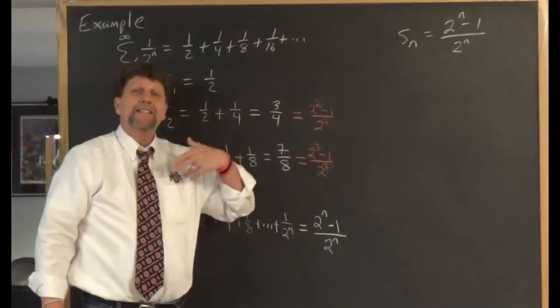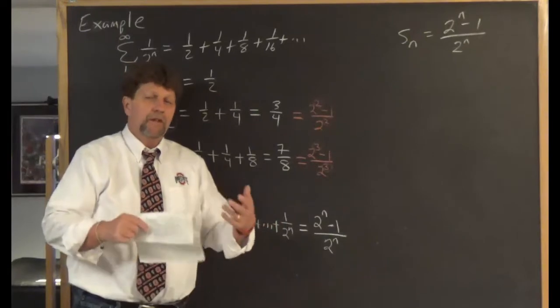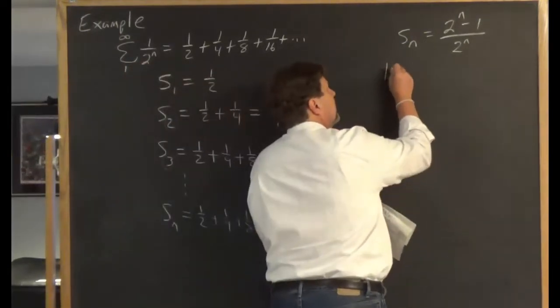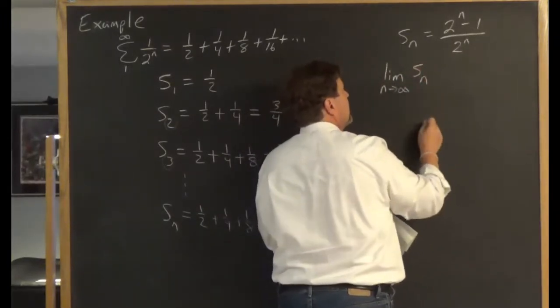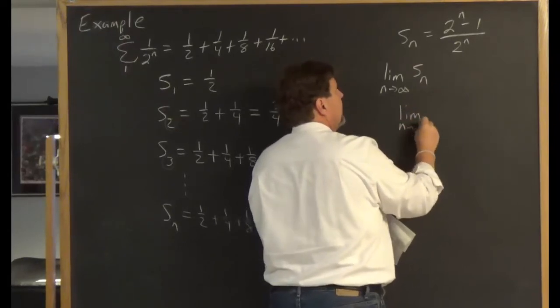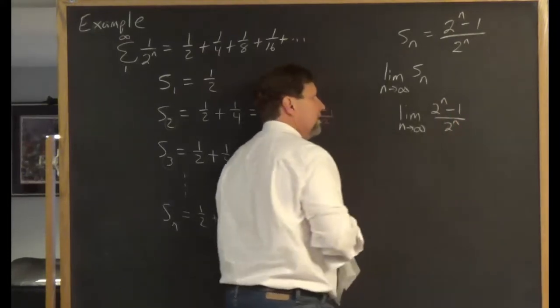To determine if that sequence converges, that's what we did in the last section. We need to take the limit as n goes to infinity of S sub n. Well, that's the limit as n goes to infinity of 2 to the n minus 1 over 2 to the n.